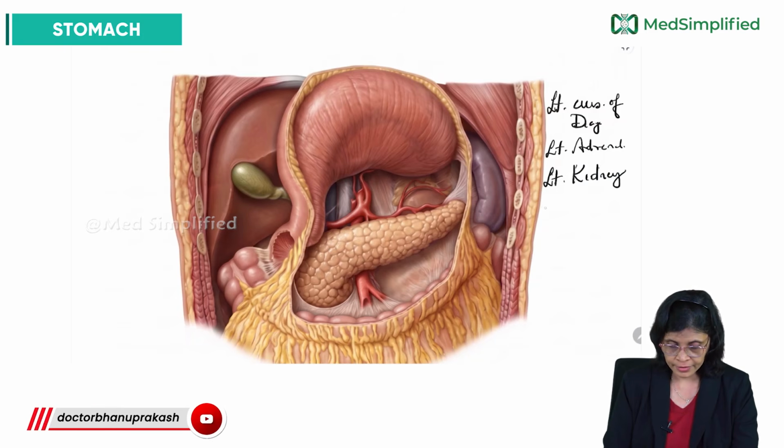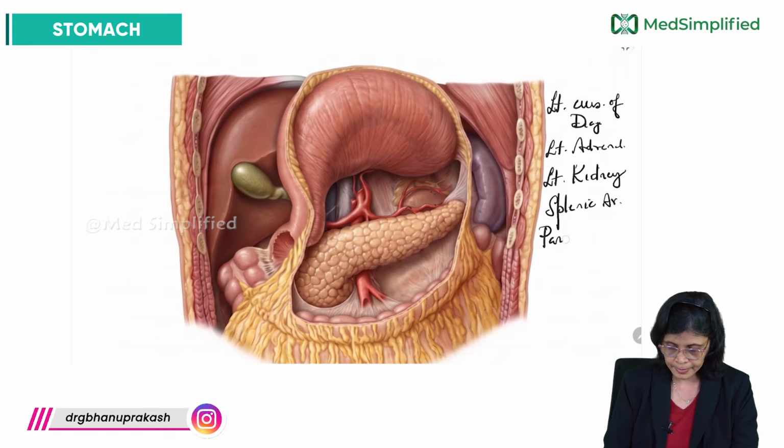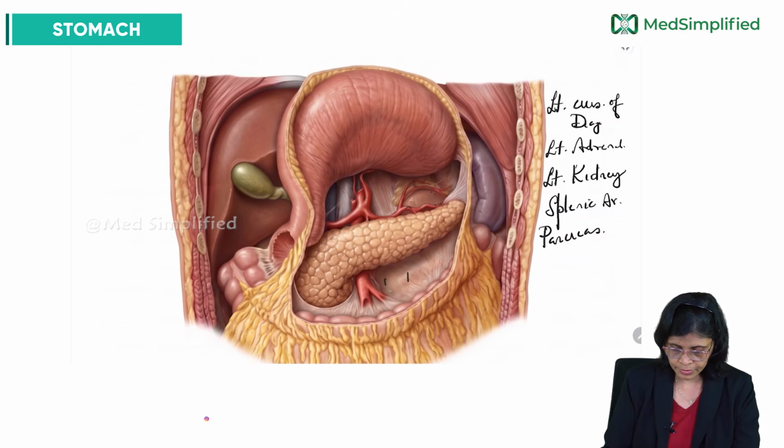After the kidney, we see the splenic artery. Then we see the anterior surface of the pancreas and the transverse mesocolon. You can see this portion is the transverse mesocolon.